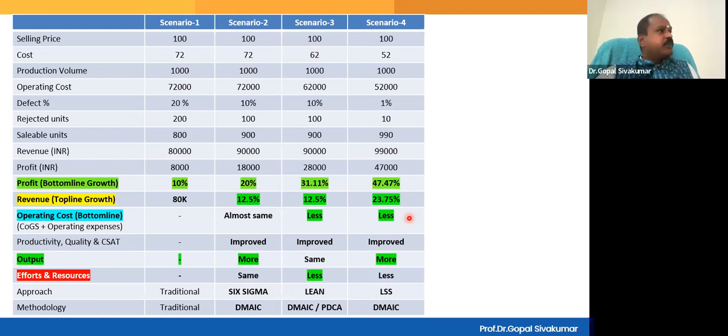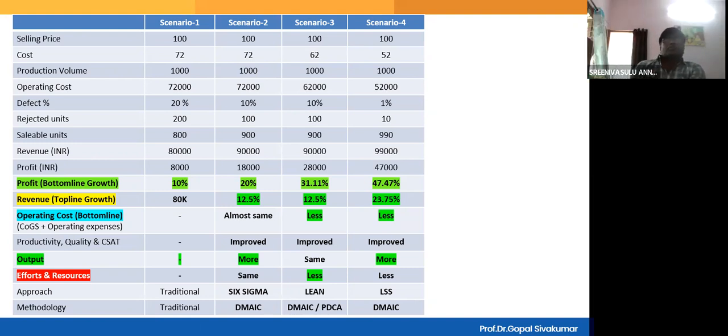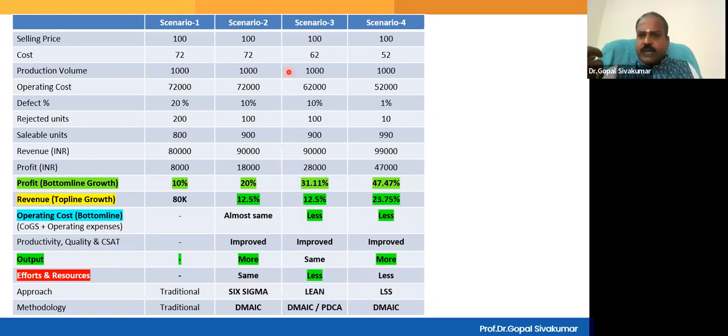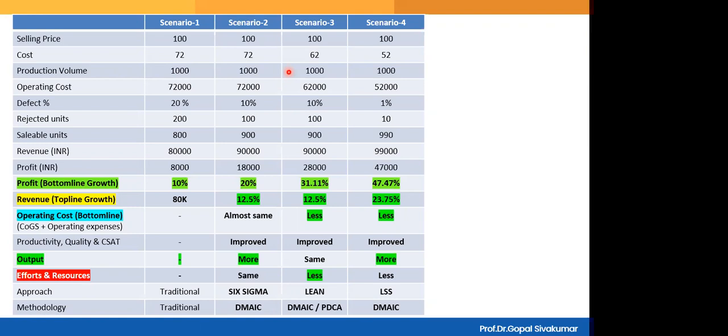If your operating cost goes down, what does it mean? Defect reduced, wastage reduced. Profit margin will be more. If operating cost is going down, profit margin will increase.